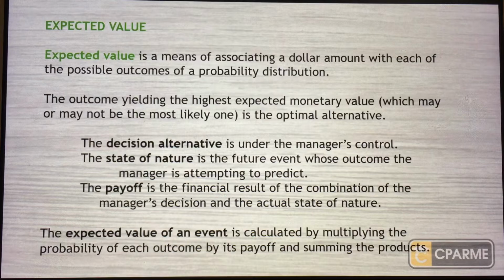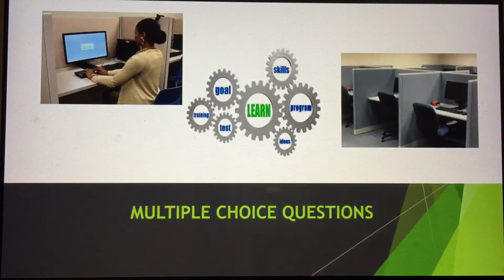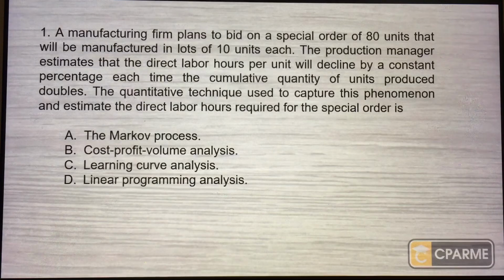After that, we will review again what we discussed last week through another batch of multiple choice questions. It's also in the slides. So let's go ahead. Guys, again, please participate.